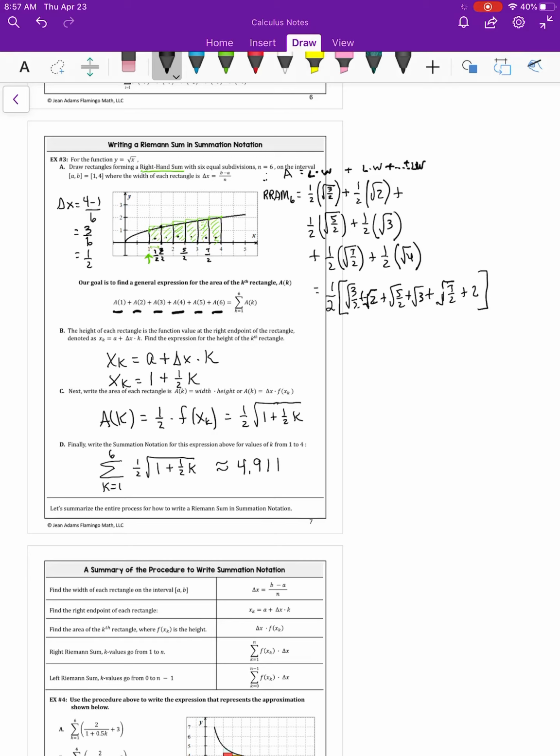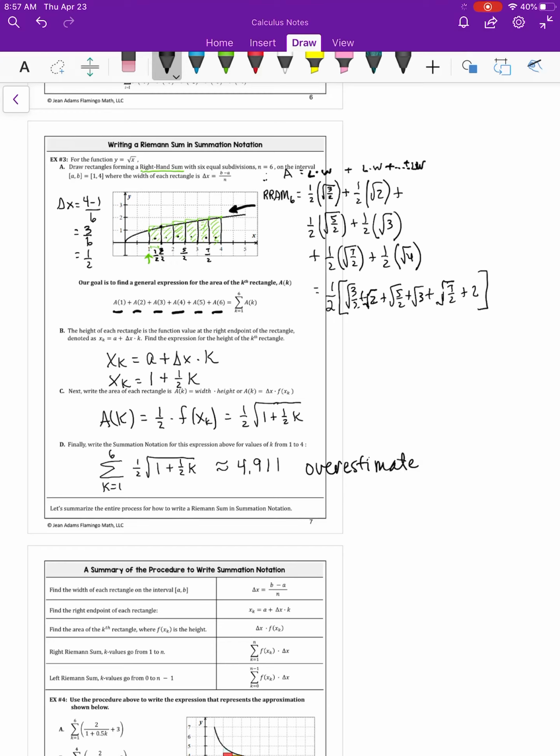So we want to say summation k equals 1 to 6, and this would be 1/2 square root of 1 plus 1/2 k, because that's going to give you your 6 rectangles. And if we put that in our calculator, we end up with 4.911.